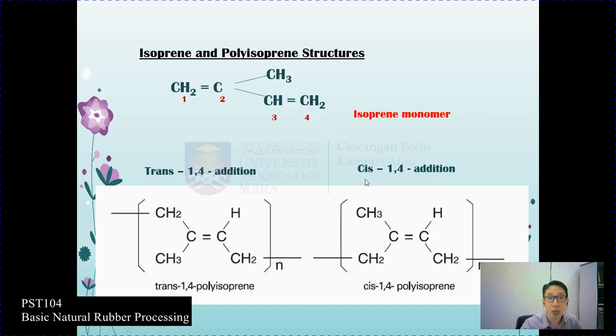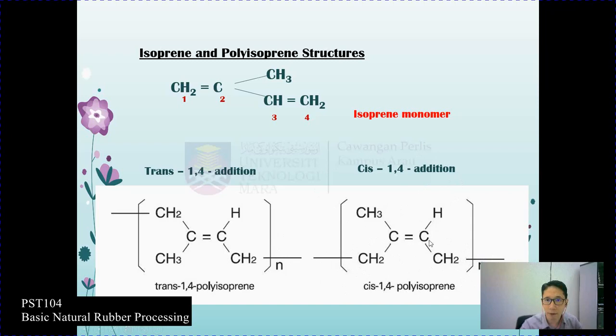What is cis and trans? If you look at this structure, both are attached at carbon number 1, 2, 3 and 4. Both have 1 and 4 carbon structure. However, the arrangement is alternating for trans, whereas for cis, they have the same side arrangement.